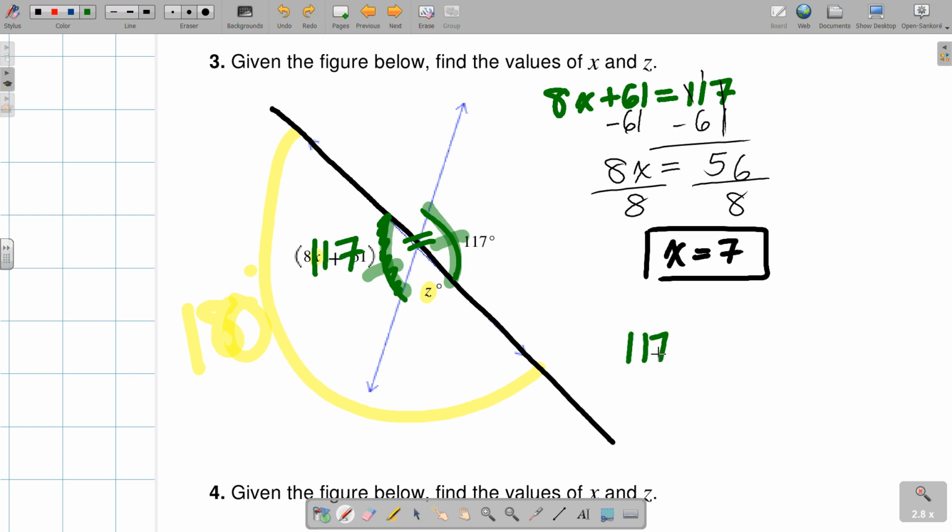So I know that 117 plus z, whatever it is, is going to give us that 180-degree arc. You do your own math.